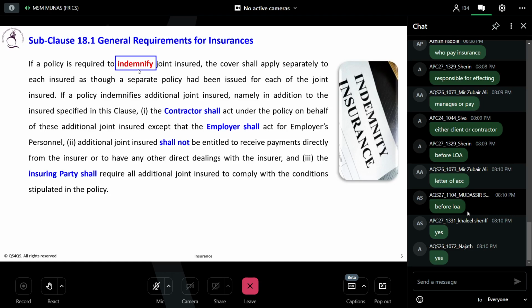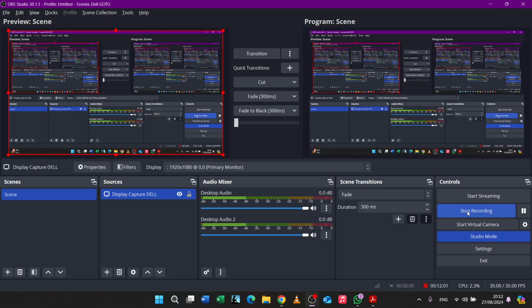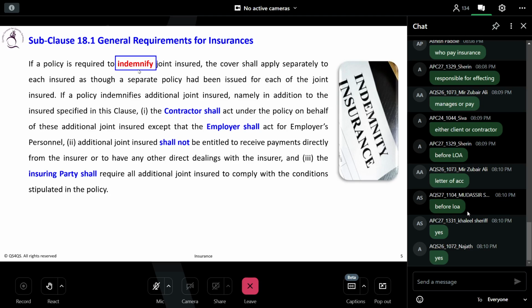If you go for insurance jointly, it is going to be a benefit for both parties in some instances. Otherwise, it is not required. So it is subjective. You have to check whether your contract is going for a joint insurance or not.